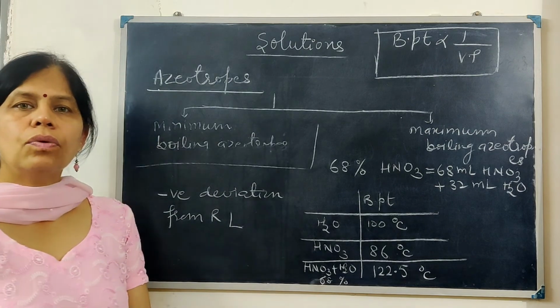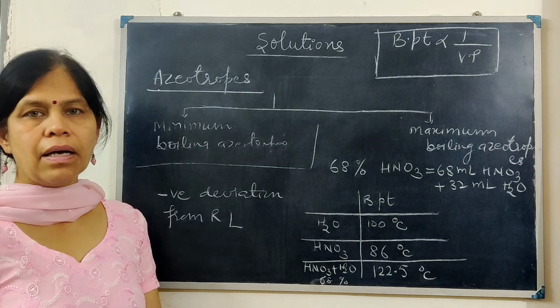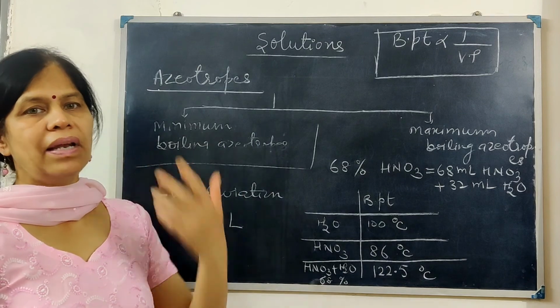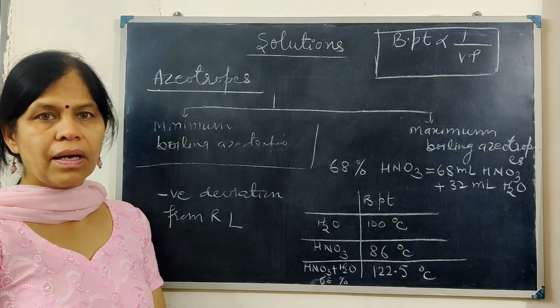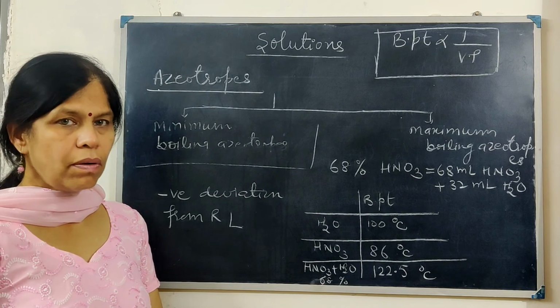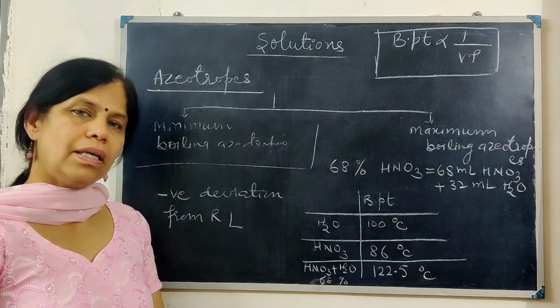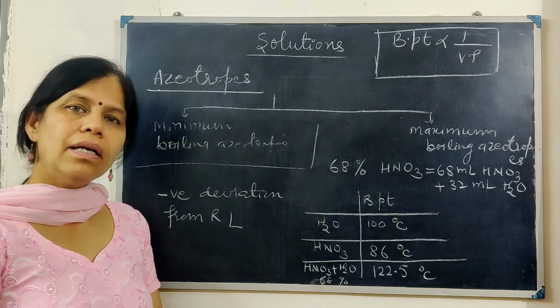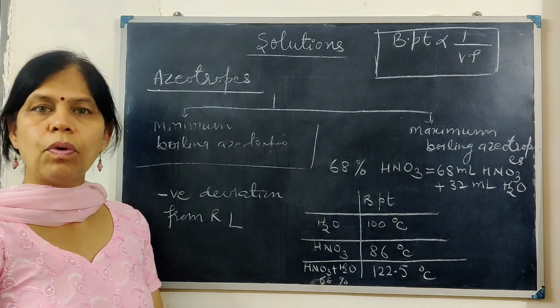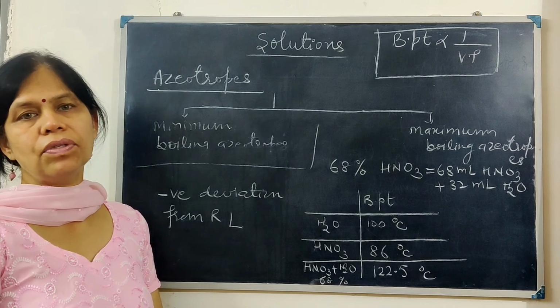Children, now we are coming to the end of this class. Let me revise again and summarize the things. One, we have done ideal and non-ideal solutions. Ideal solutions obey Raoult's law, where delta H mixing is 0 and delta V mixing is also 0. Non-ideal solutions are of two types, those showing positive deviation and negative deviation.